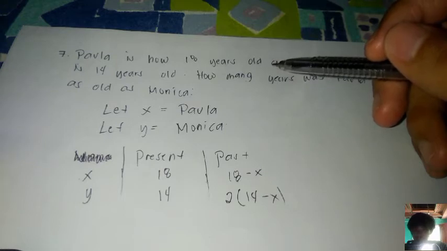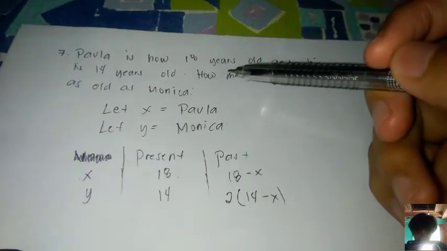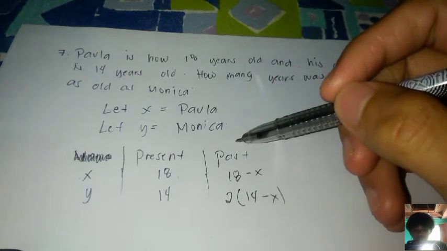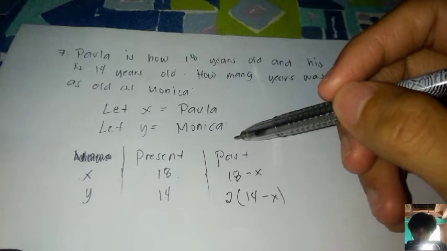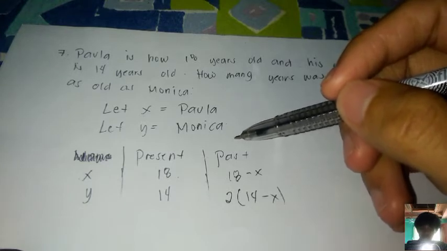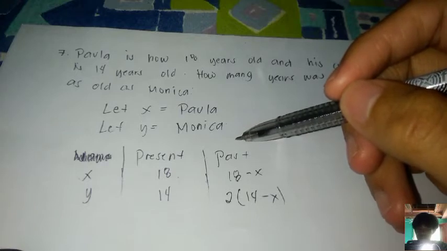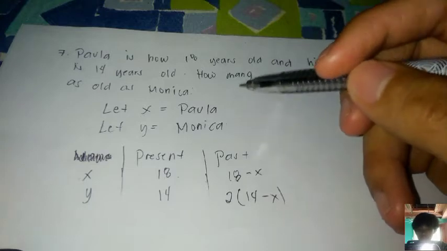So x is Paula, so I have 18. And then we have the past, which is 18 minus x, and the y, which is Monica, and the present. The age of Monica in the past is twice the quantity of 14 minus x.